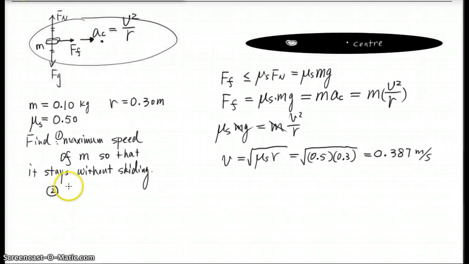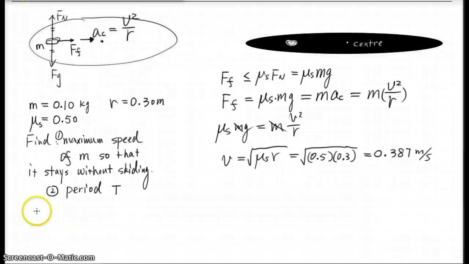What if the question also asks you, let's make this number 2, to find the period T. Okay, so what does period mean? It means the time it takes to complete one revolution, just one complete turn.